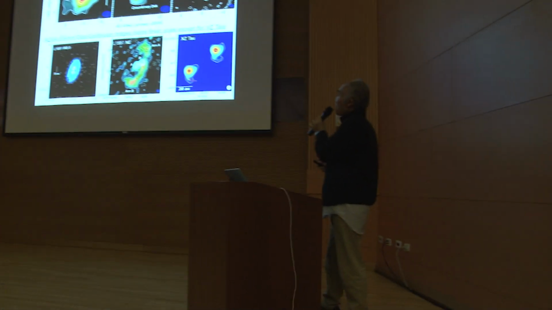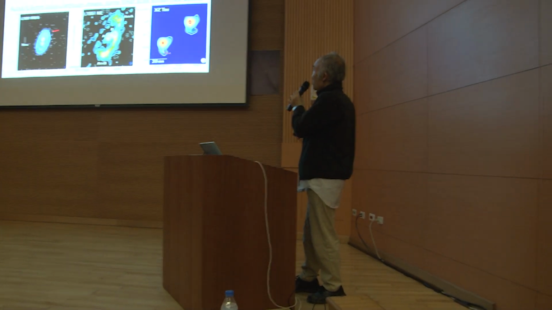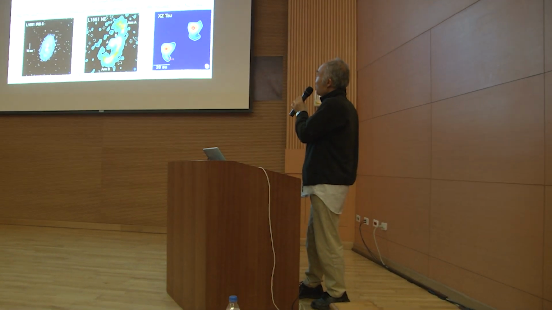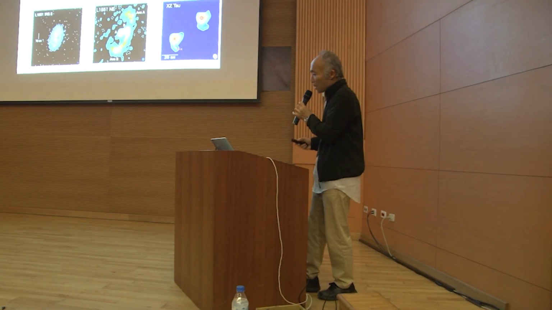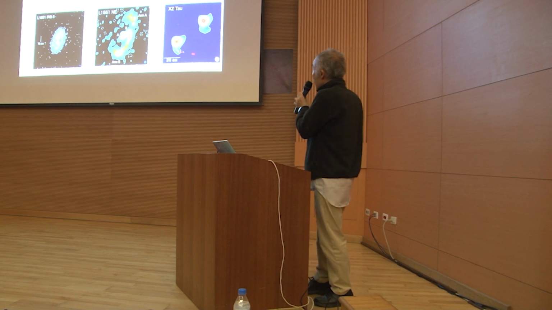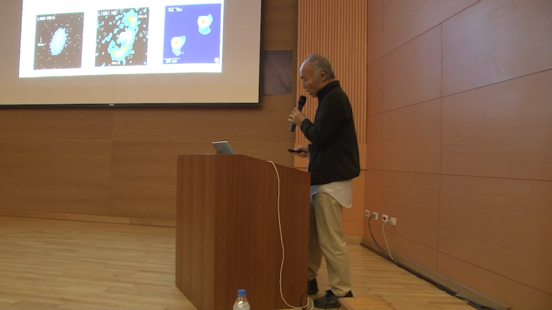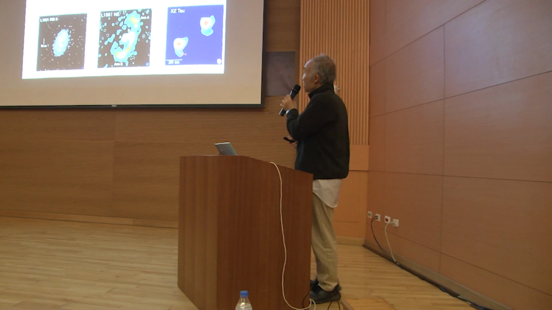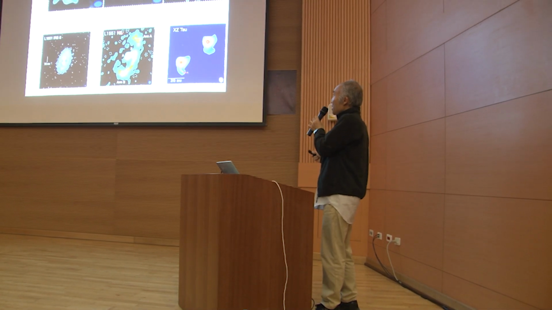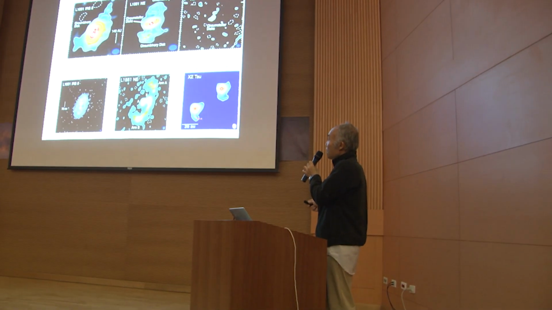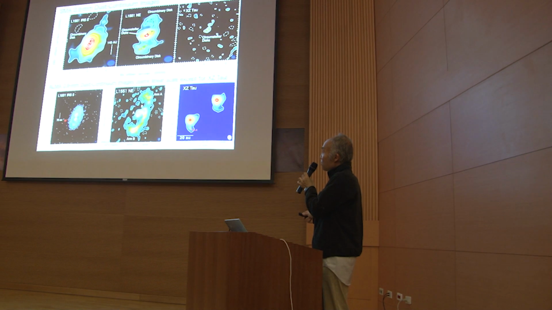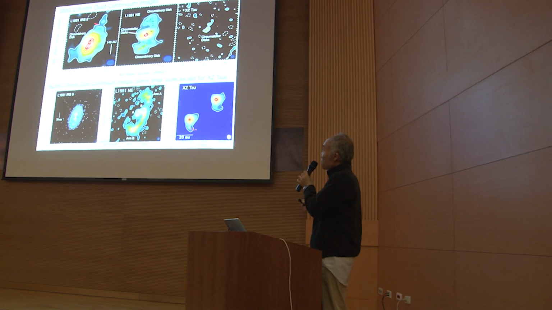These are ALMA images. By the way, these five are at the same linear scale; this one is a zoom-in view. In both IRS5 and NE, we found some spiral-like structure, which is not seen here.